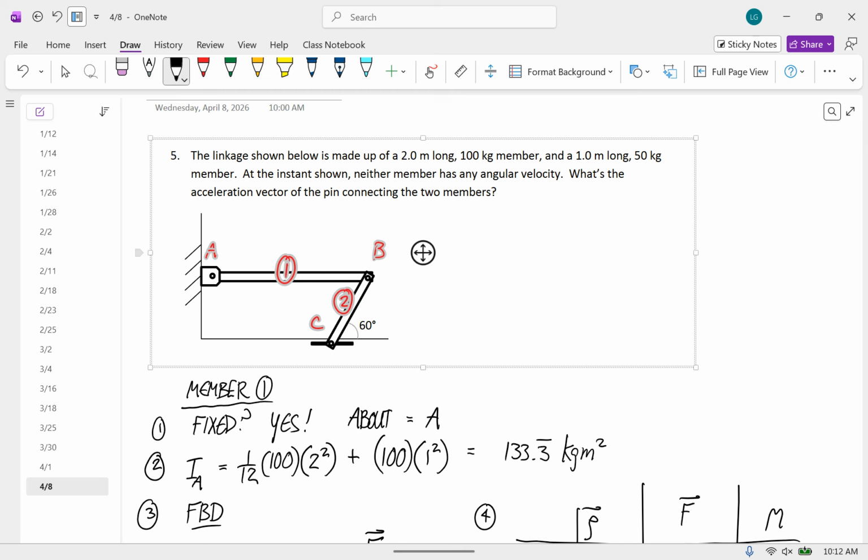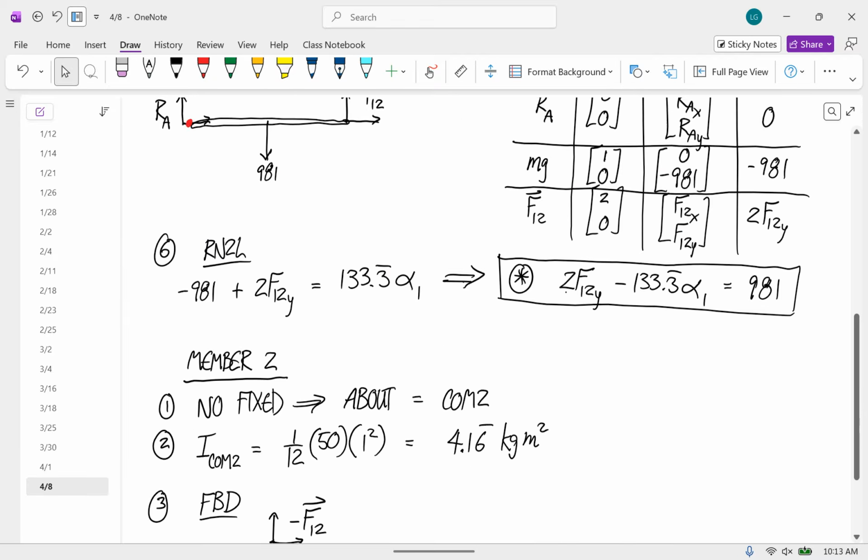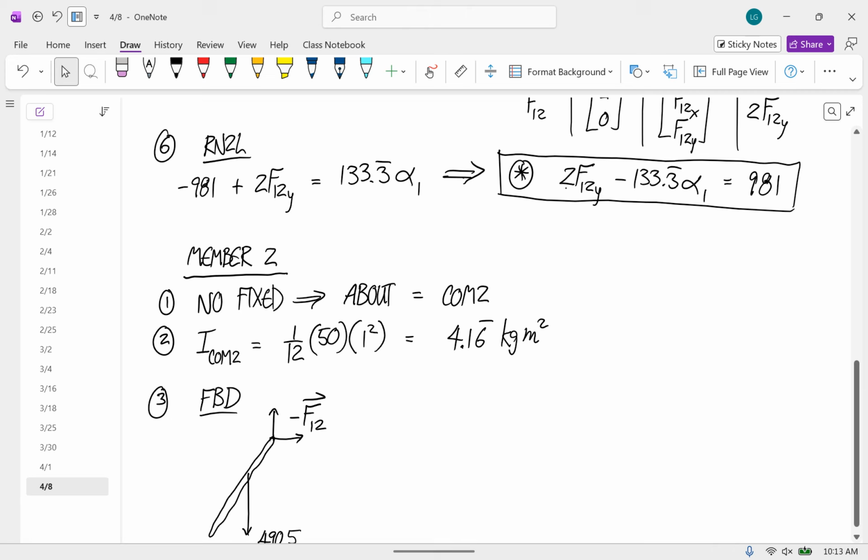Otherwise, it would jump up or sink down or whatever. Okay, so you can put that force in either direction that's perpendicular to that slot. There are always two vectors perpendicular to any line. I'm going to put it up, but you could put it down. It'd be fine. If your guess was wrong, you'd just get a negative and it would tell you the story anyways.